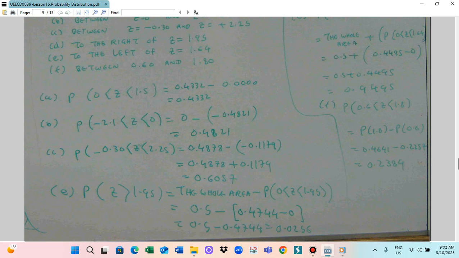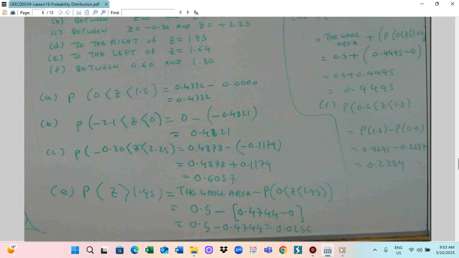So probability Z greater than 1.95 means the equation will be the whole area minus the probability between 0 and 1.95. In the probability curve, the whole area is 0.5. And then we have to find 0 to 1.95.